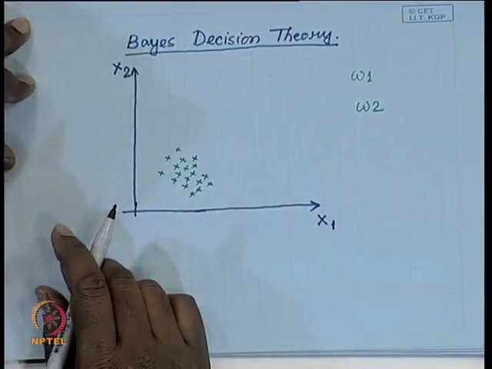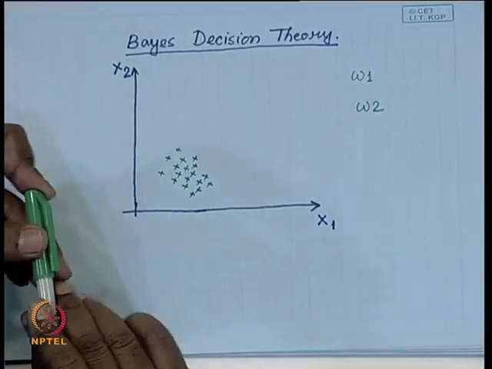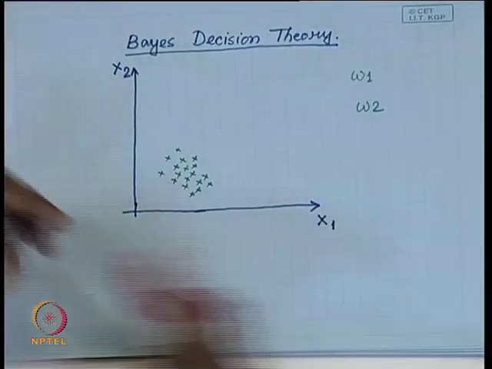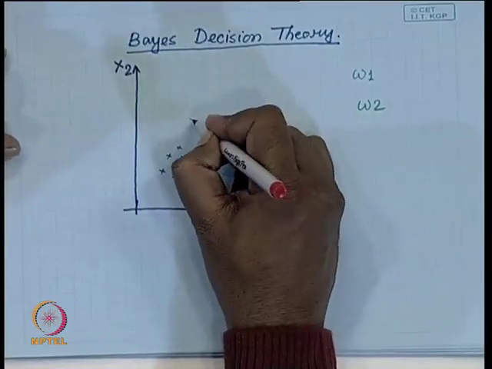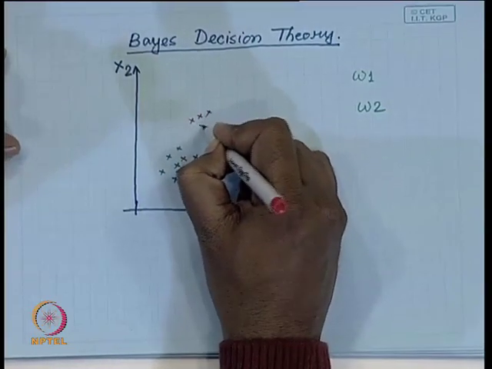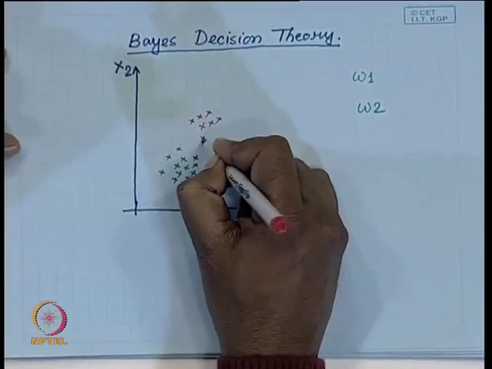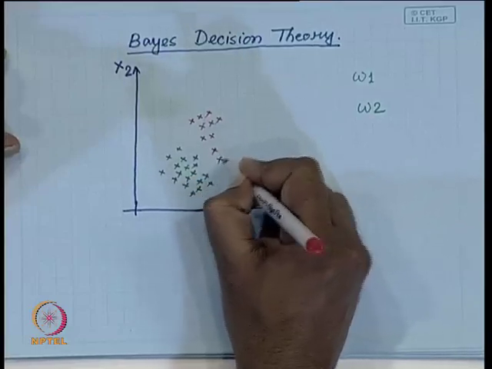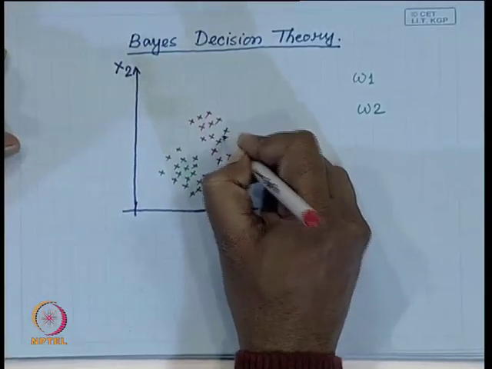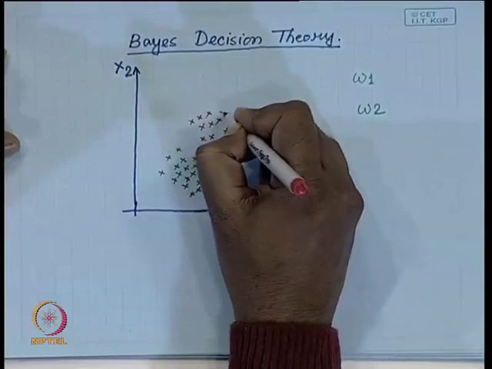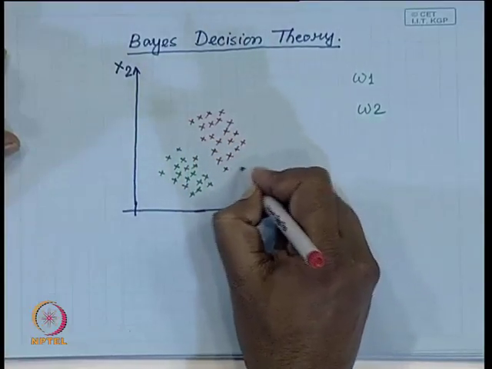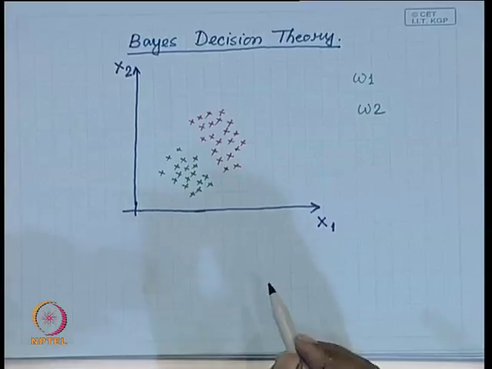Okay. Similarly, all the patterns belonging to class omega 2, they may also be mapped to points or point clouds, something like this. Okay.